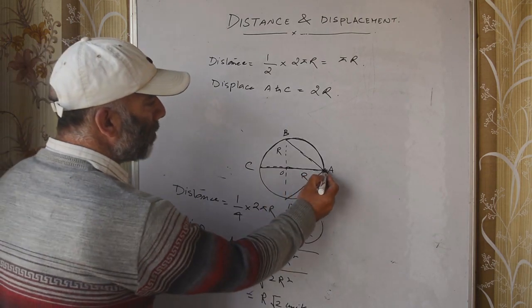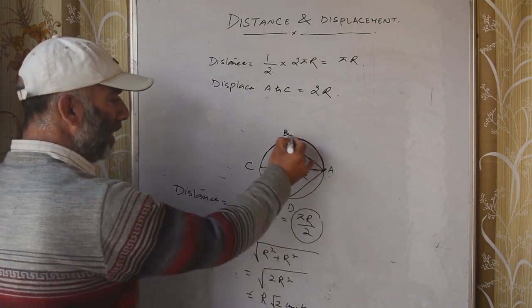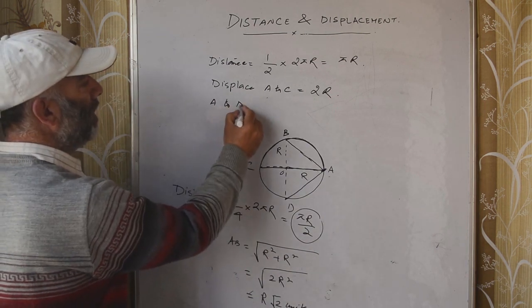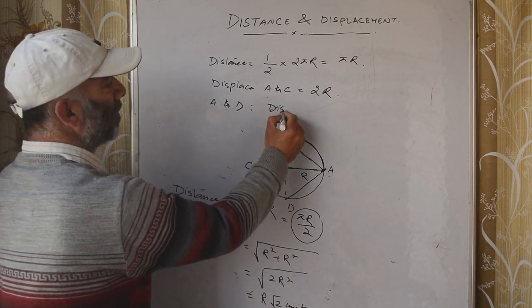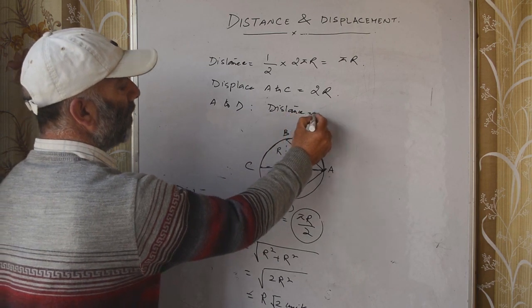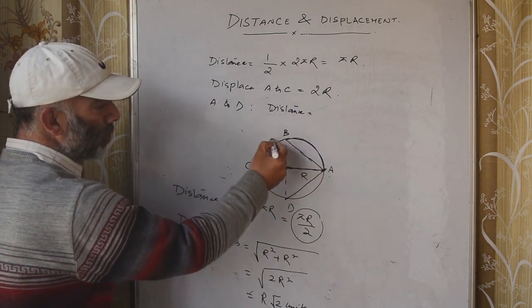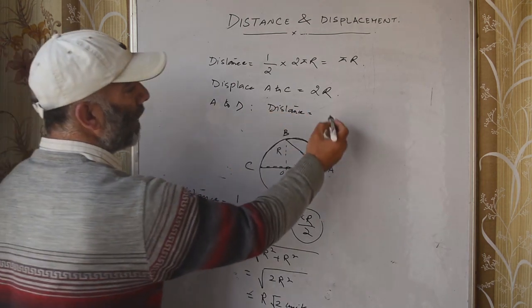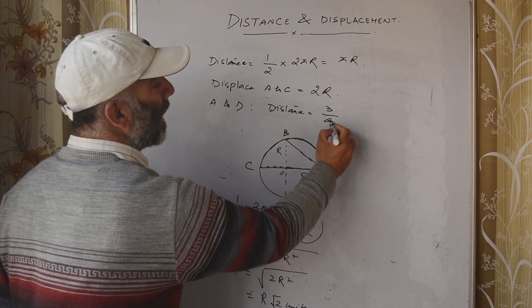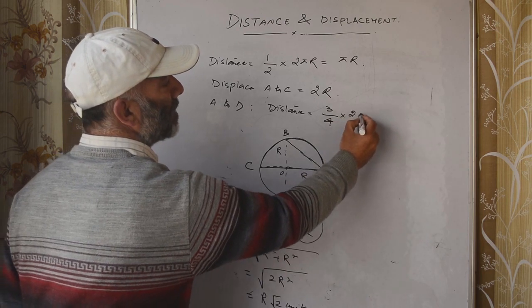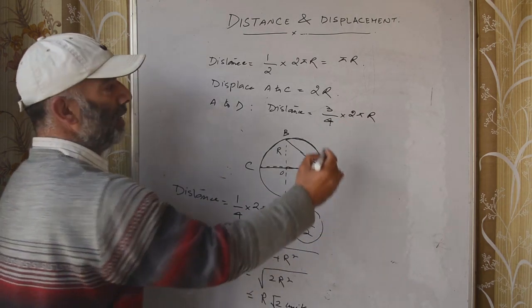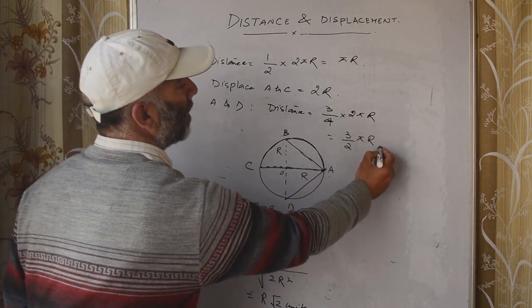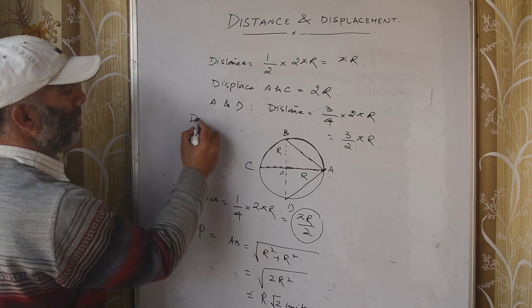While if a particle moves from A and reaches the point D, A to D, what is the distance? Distance will be equal to AB plus BC plus CD, that is 3/4 times the total distance, that is 2 pi times R, which is equal to 3/2 times pi R. But what about displacement?